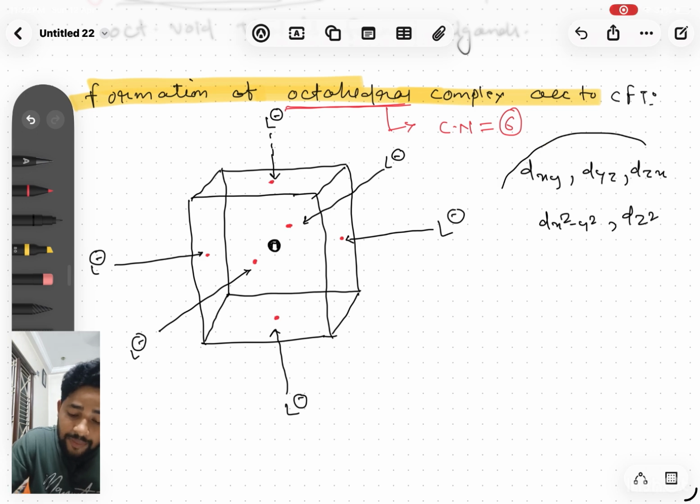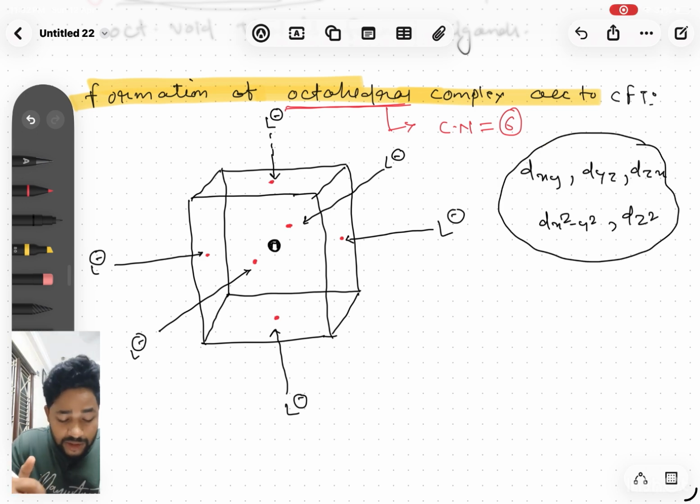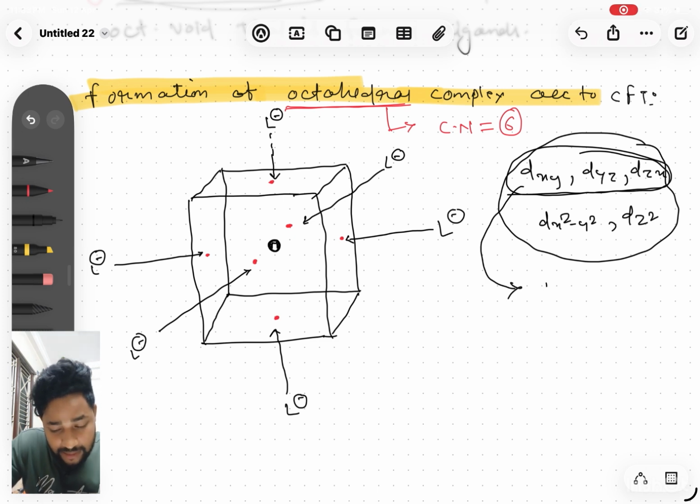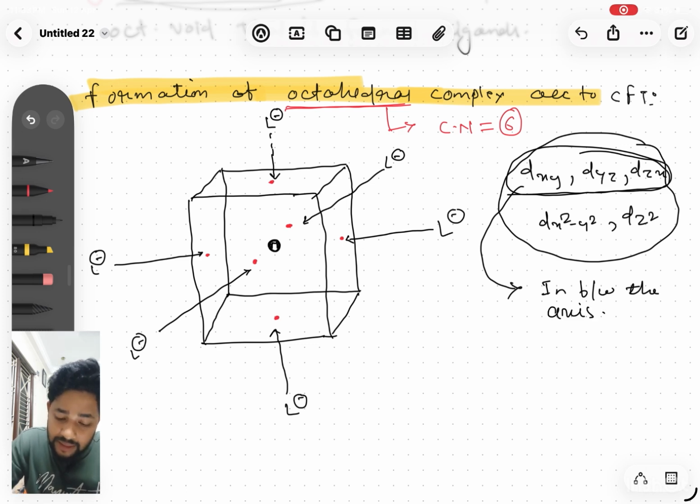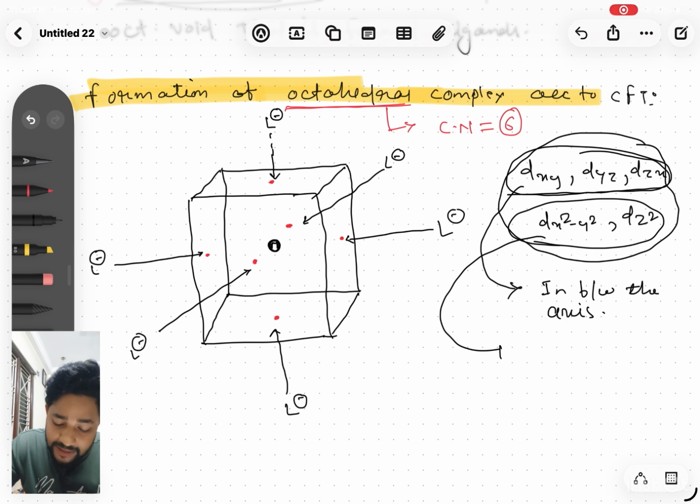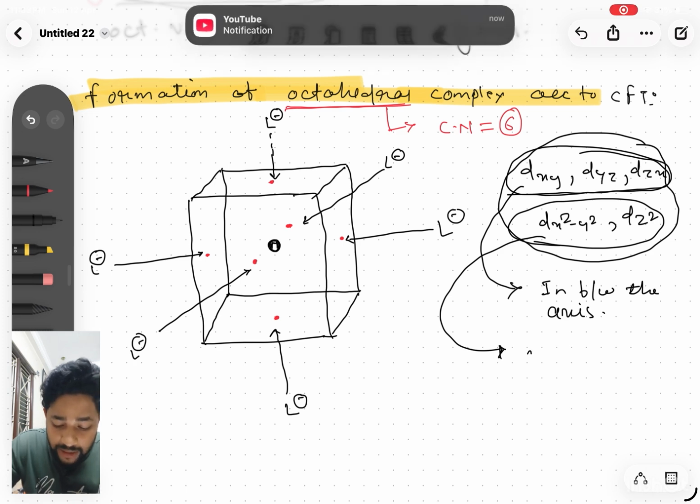These are the 5 orbitals of the d subshell. Okay, and we also know that these three orbitals dxy, dyz, and dzx are present in between the axes. But dx square minus y square and dz square are present along the axes.